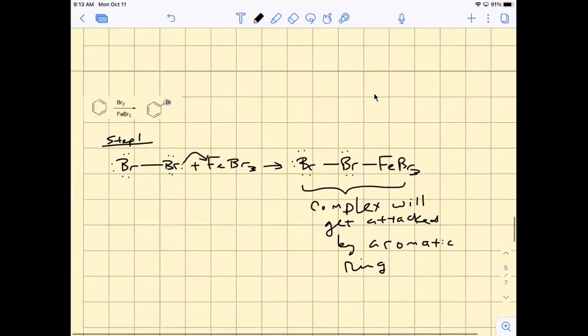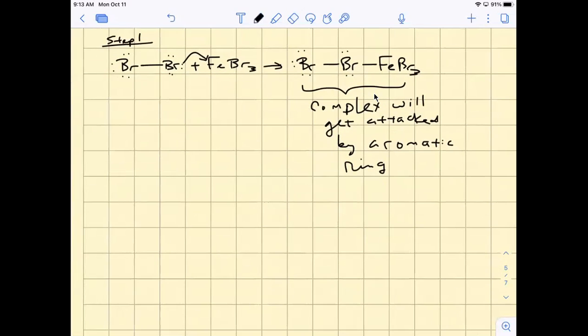All right, so that's the first step, and then the second step is going to be, let's copy this from up here.